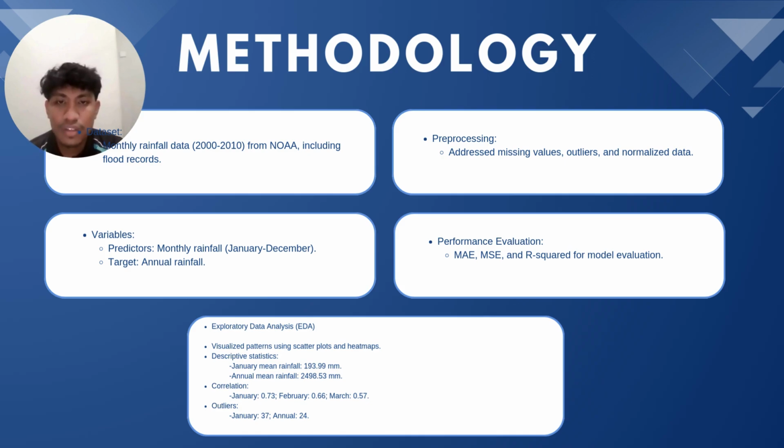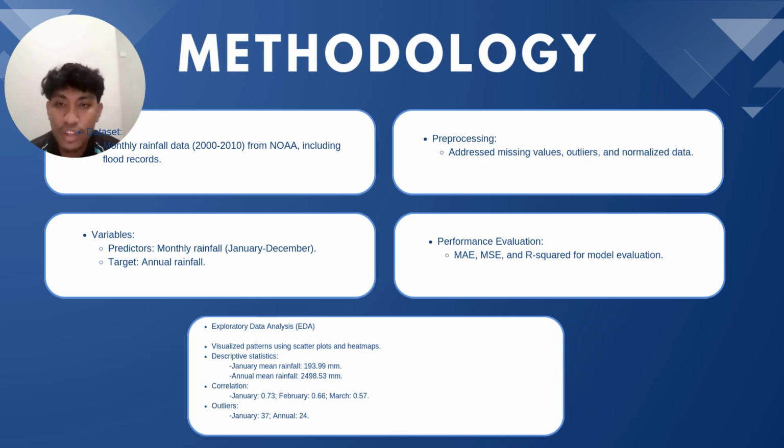The second step is pre-processing. Pre-processing is the step for preparing raw data for analysis or modeling. In pre-processing, we handle missing values, which means detecting missing data in two categories, numerical and categorical data. Pre-processing also includes normalizing data.